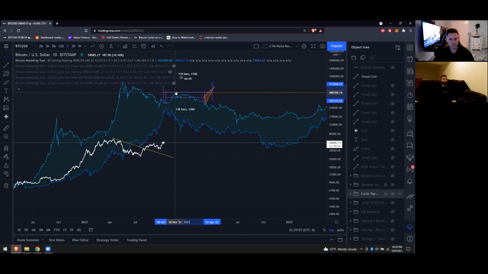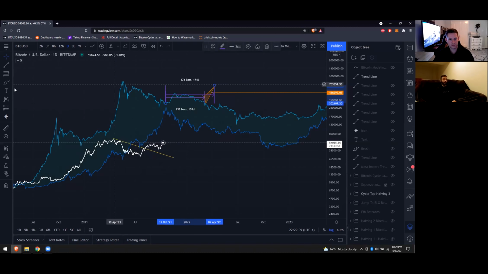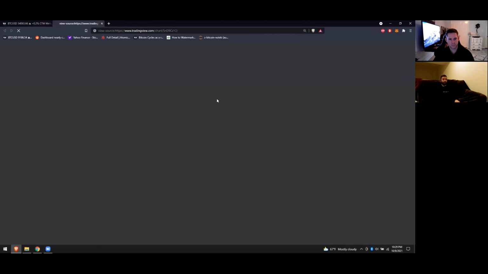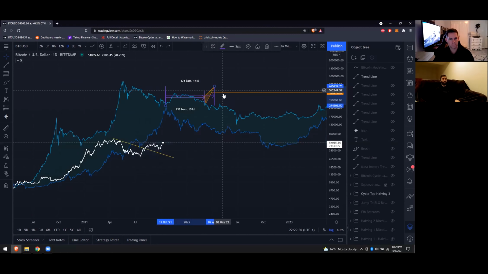This is adjusted by blocks, but basically this is just showing that we've got a decent amount of time, even if you just printed since the halving. This cycle peaked much earlier than this cycle, if you're strictly looking at when the halving started and when we got our peak. So it's not so crazy to me to think that this arrow is probably going to be somewhere out here.